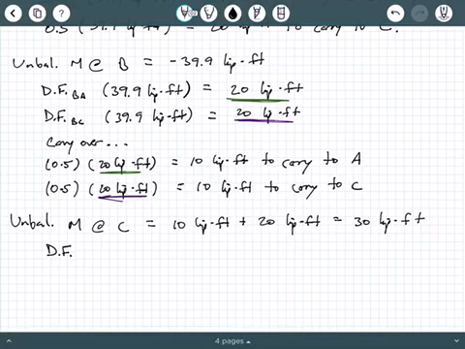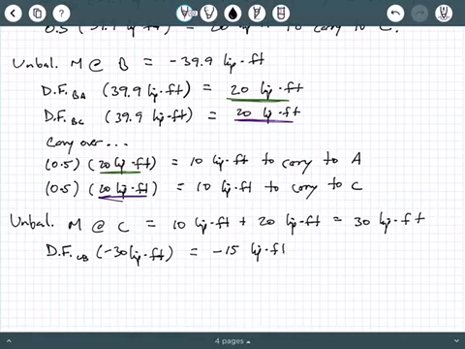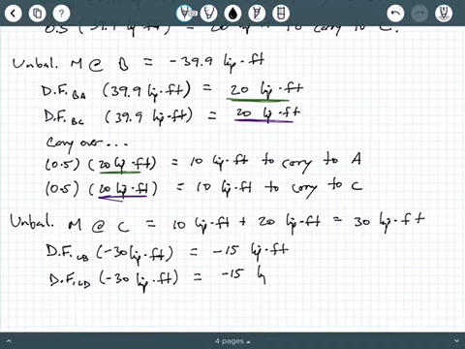So we're going to say distribution factor CB times a negative 30 kip feet gives me a negative 15 kip feet. And then we're going to say distribution factor CD times negative 30 kip feet, again, gives me a negative 15 kip feet.